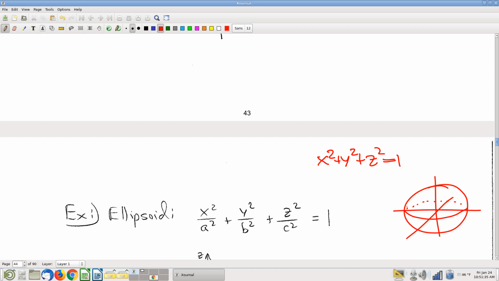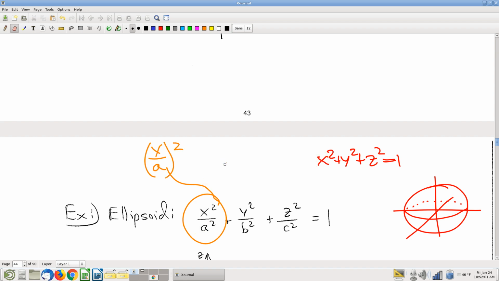And now I just have to ask myself, what kinds of adjustments would I have to make to turn that equation into that equation? Well, everywhere I see an x, I'm going to have to replace that with x over a. By the way, do be very careful. Keep in mind this x squared over a squared is x over a, quantity squared.